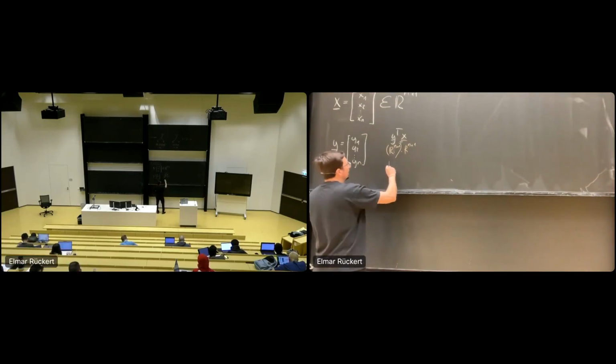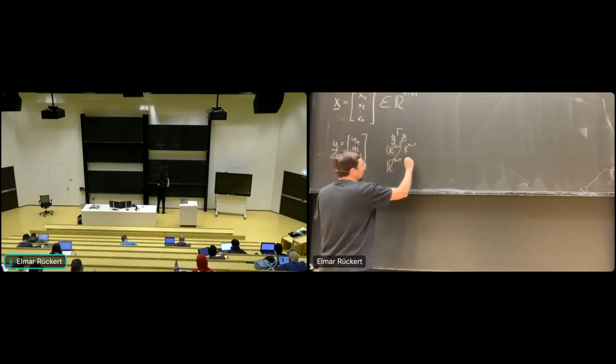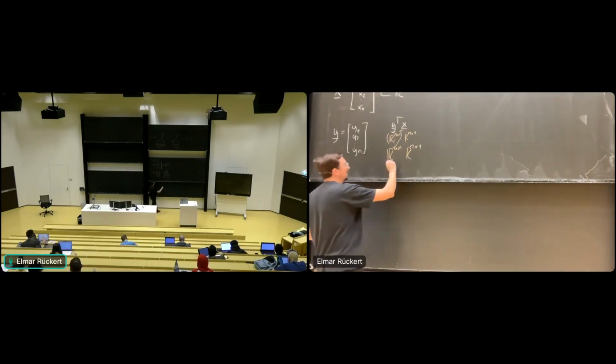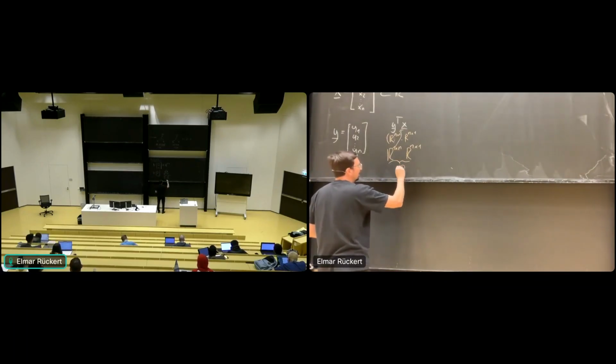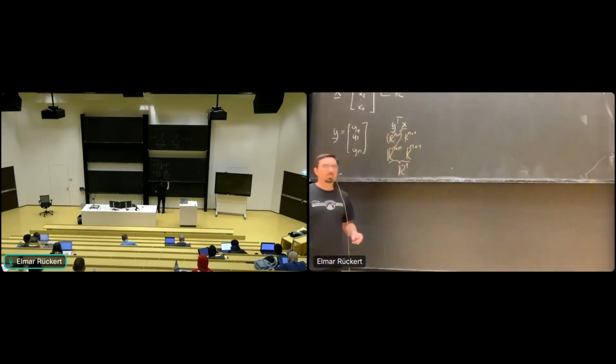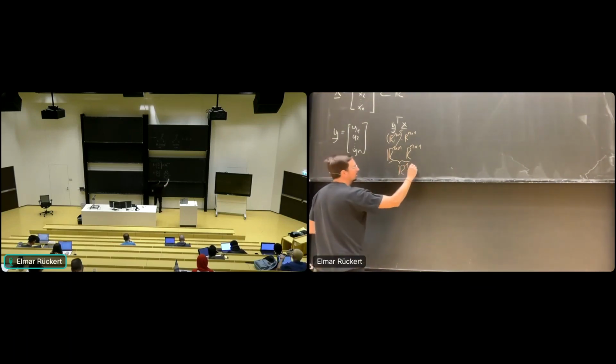So in the end, you have R^(1 times n) times R^(n times 1). We call this number a scalar, and it has the dimension R^1 or R^(1 times 1). So the result is a scalar, and therefore we call this a scalar product.